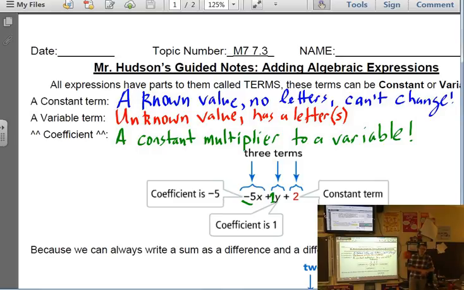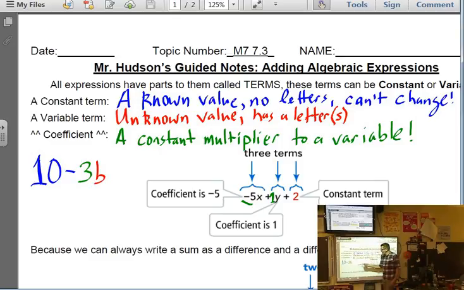So think of this as like constants are like money. When you have money, it's countable. You know what it is. But when you go to the grocery store and you buy like fruits or vegetables, you don't necessarily know what they cost. So you might go to the store with $10 and you might then subtract that you're going to buy 3 bananas, and then you'll end up with some amount of money after you get done with that.